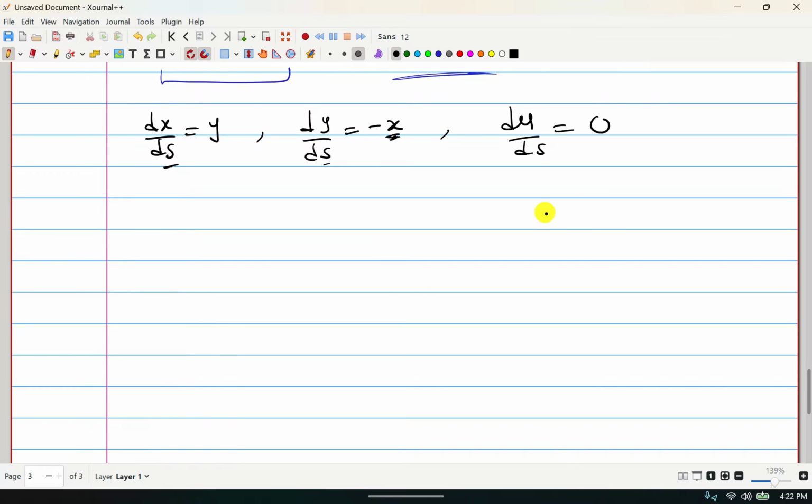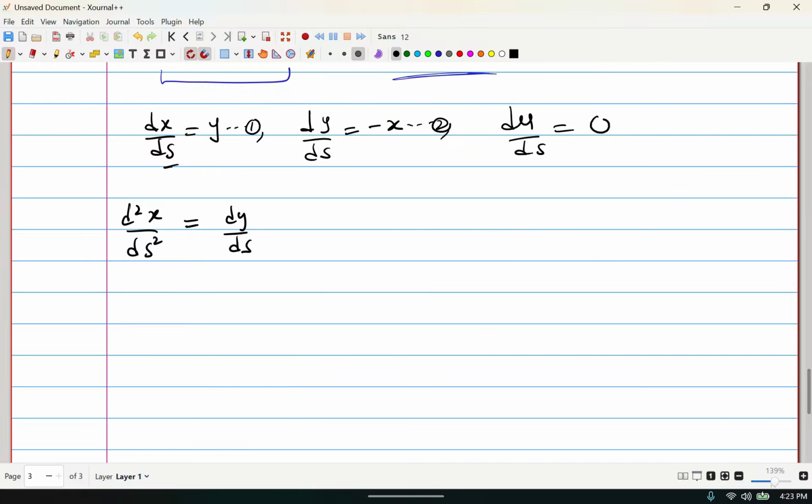What we can do is to solve this system by taking the derivative again of one of them, right? Let's call this equation 1 and this equation 2. So if you differentiate equation 1 again, that is the x part, you're going to get d squared x over ds squared, with respect to the parameter s, is equal to dy/ds.